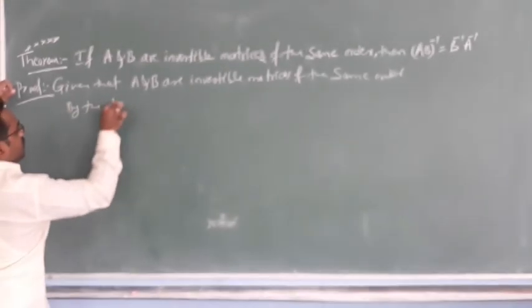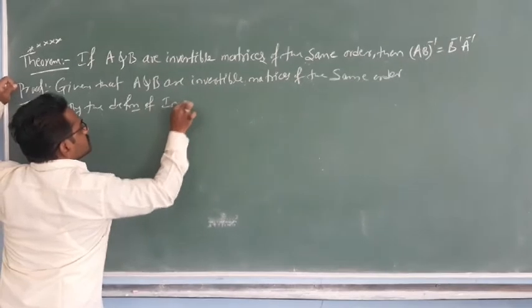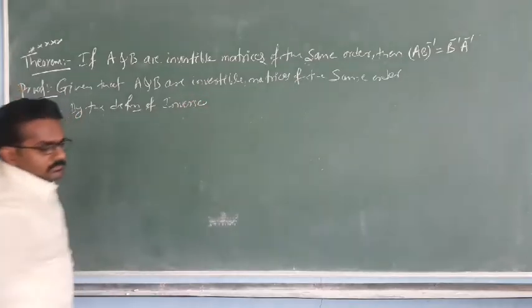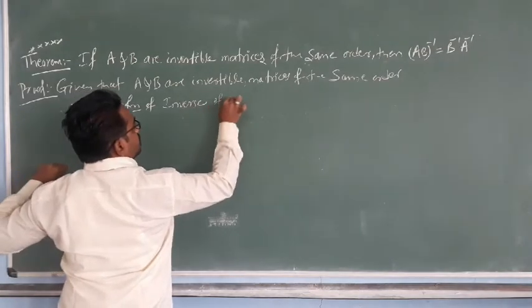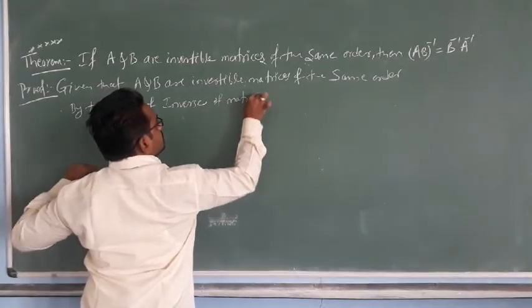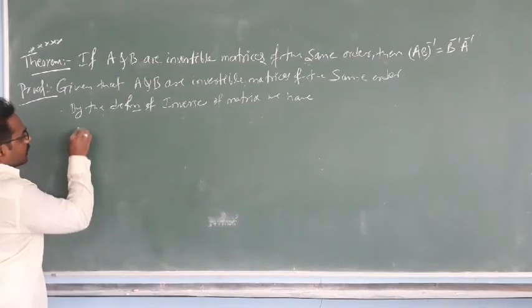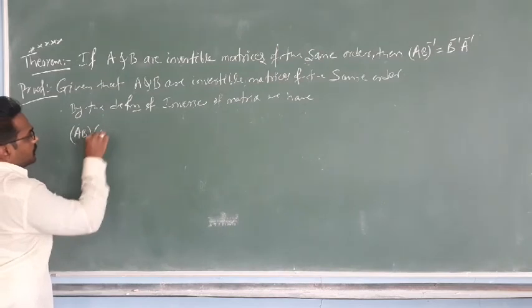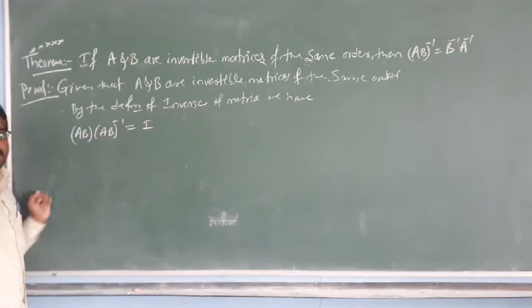Therefore, by the definition of inverse of a matrix, we have AB into (AB) whole inverse equals I.